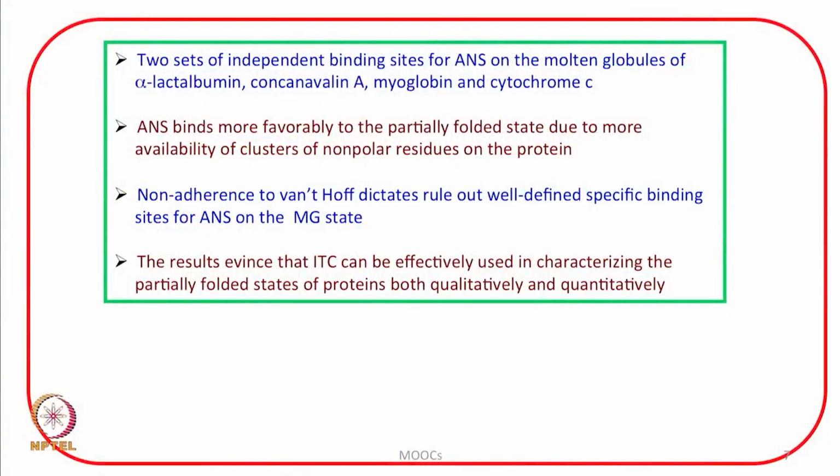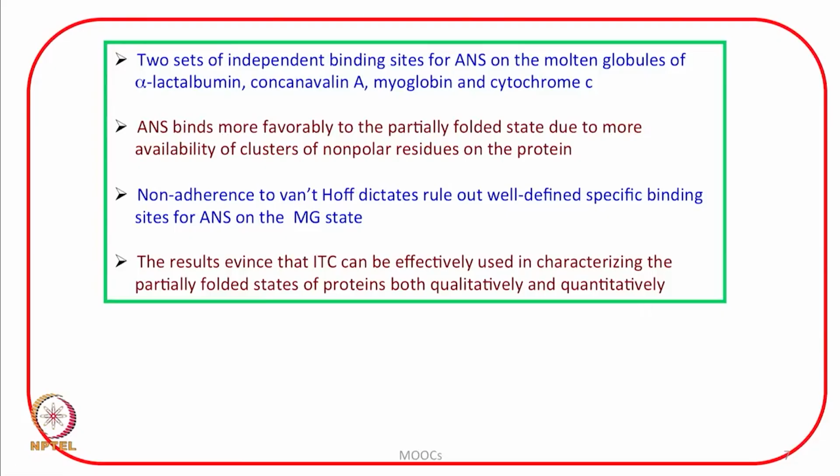Now, let us take a look at the next comment. The results from isothermal titration calorimetry certainly evince that ITC can be effectively used in characterizing the partially folded states of proteins, both qualitatively and quantitatively.